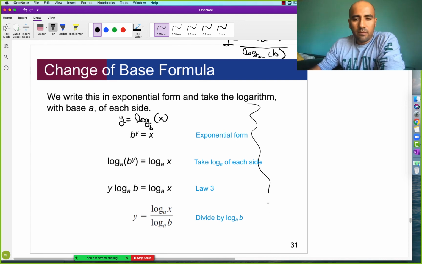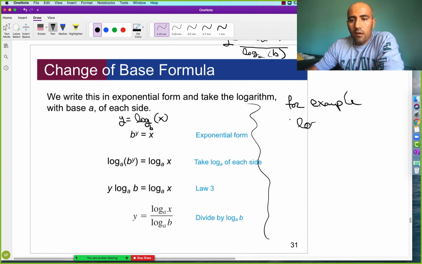Okay, how is this important? For example, let's say that I wanted to find out what is log base 7 of 13. What in the world is that? I know conceptually it must mean that it's the answer to this thing. And you know, we use the variable x way too much, so I don't know if it helps for me to do a happy face. The answer is happy face, right?